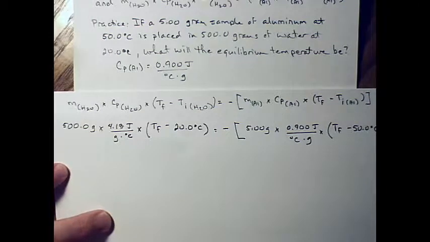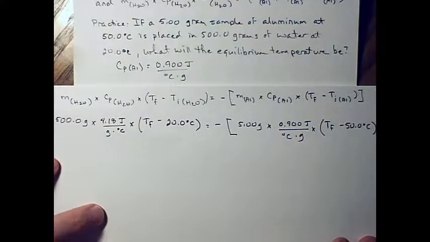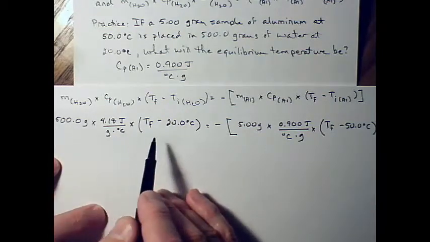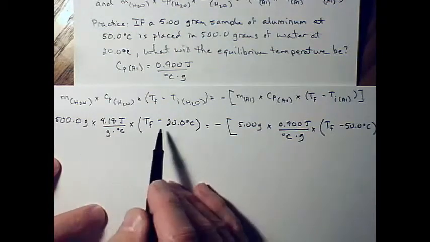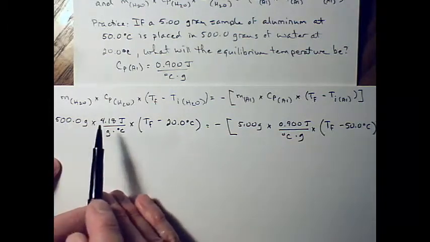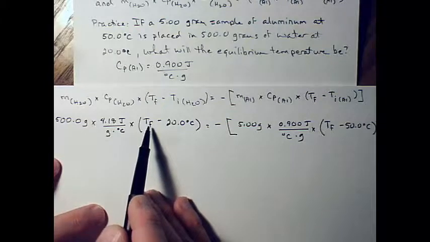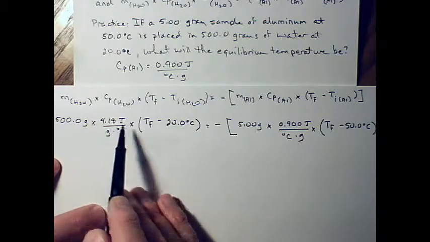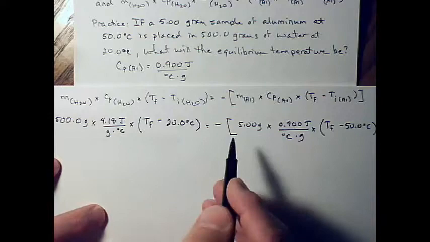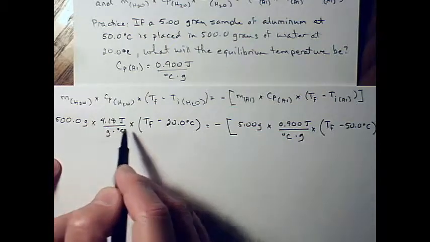The distributive property says that if you are multiplying things and subtracting things in this fashion, the way I've written it out here, you've got to multiply this term and this term and this term, and then subtract the product of this times that. Okay? So let's multiply 50 times 4.18 times this.